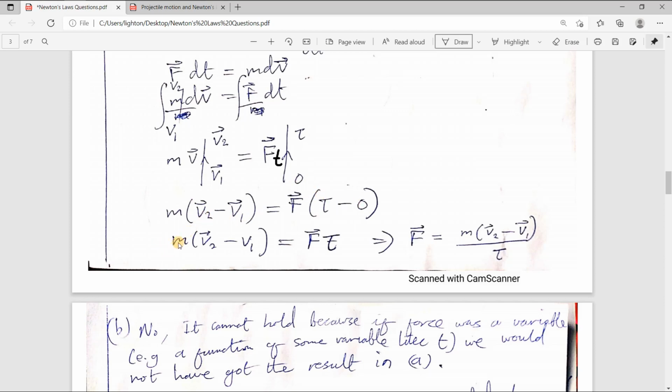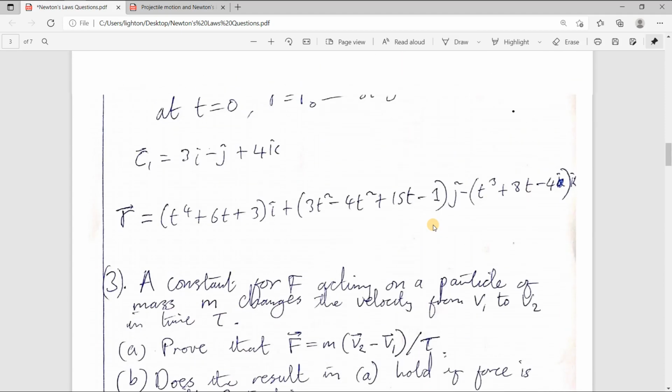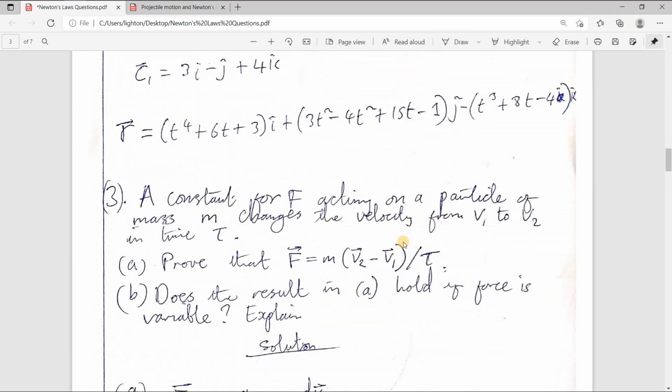And what we have is m (v2 minus v1) equal to F tau. From this, we can make F the subject of the formula, and we have F equals m (v2 minus v1) over tau. And we've proved this as asked in the question.